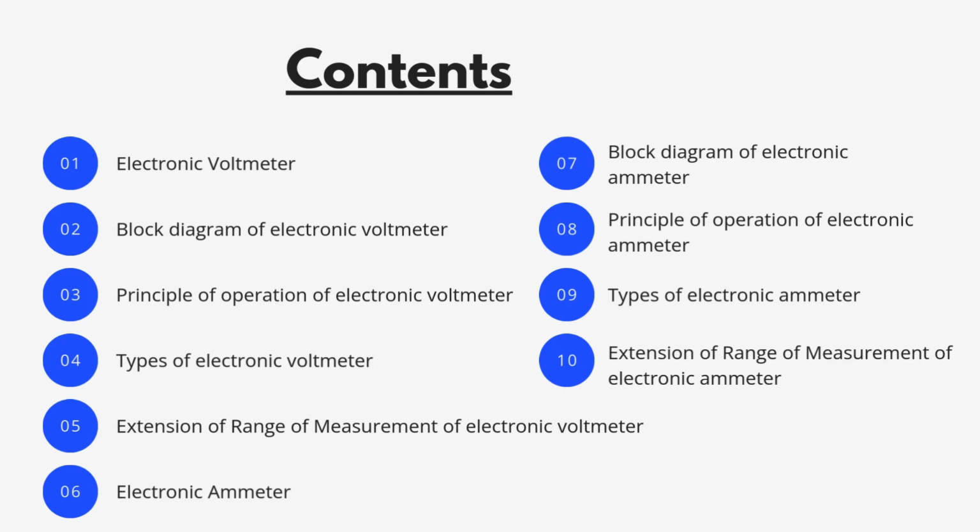Next, we will discuss about the electronic ammeter, which will be followed by the block diagram of electronic ammeter, then the principle of operation of electronic ammeter, to be followed by types of electronic ammeter, and finally the extension of range of measurement of electronic ammeter.